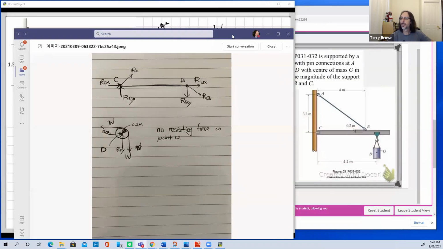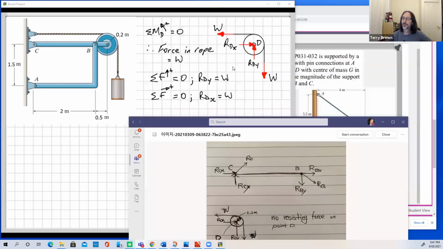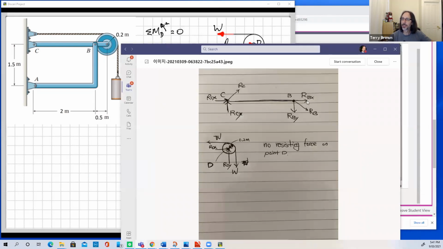If we look over here, this whole member is what we're analysing. So maybe you didn't quite understand the way the frame was drawn. All from C to B to what I've called D on my pulley here, that's all one complete member. So you need to have that as well.